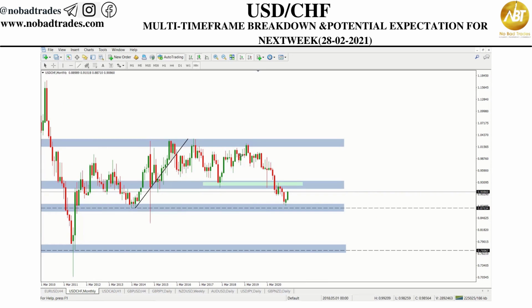We have the push, we have the exhaustion, we have the push, trying to form the M pattern. So far, price made the push right here, and it hasn't touched this level. So we're anticipating price movement back to this 0.870.